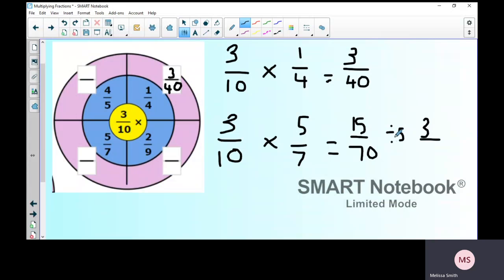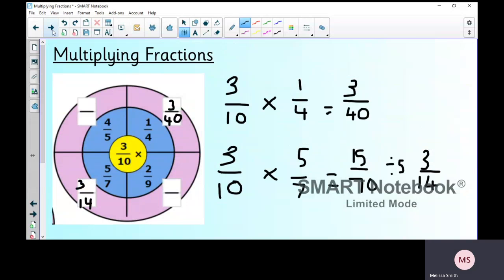How could I do that in my head? Well, I know that 50 divided by 5 is 10, so I could start from there and then count on to 70. Hopefully you've worked out that's 14. Are there any other common factors? No, so that's in its simplest form. 3/14.